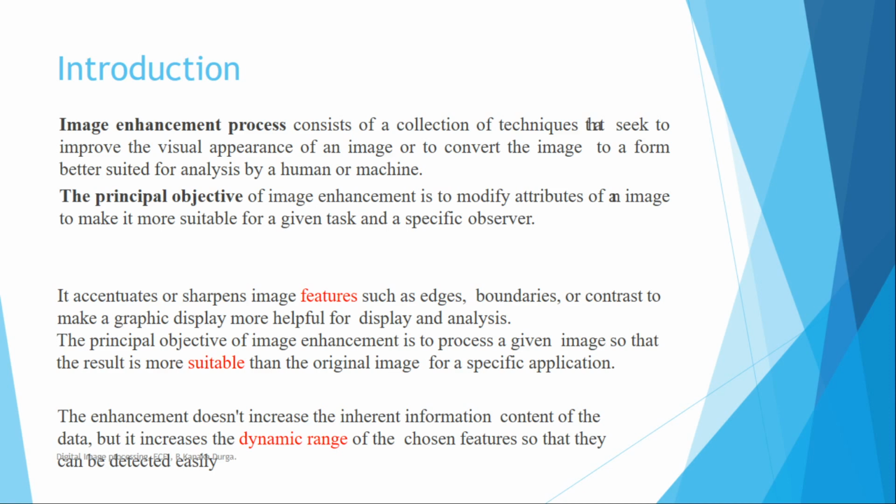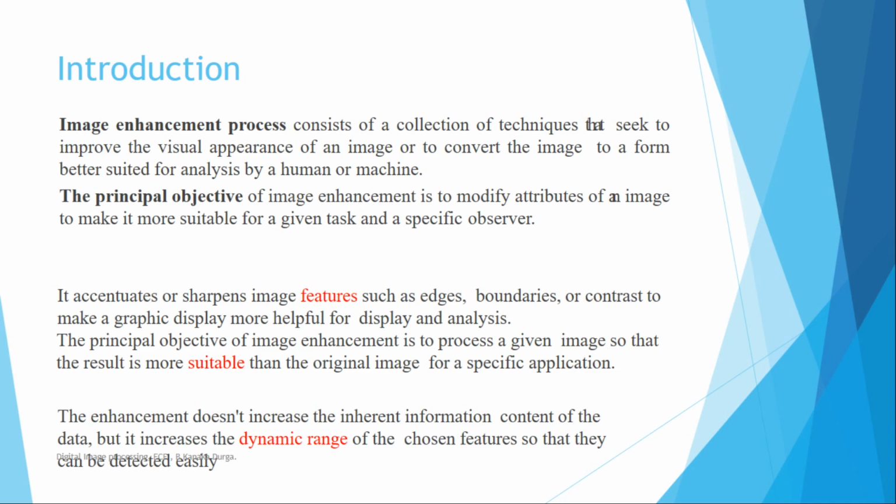Suppose in a photograph there are two objects. By observing that photograph, we cannot do the analysis, or the machine is not able to do the analysis, of where object 1 is lying and where object 2 is lying.